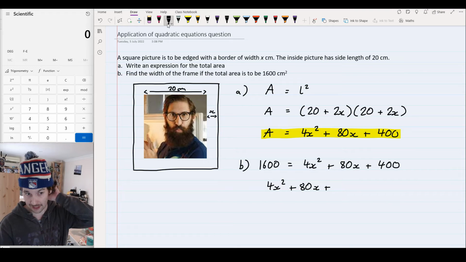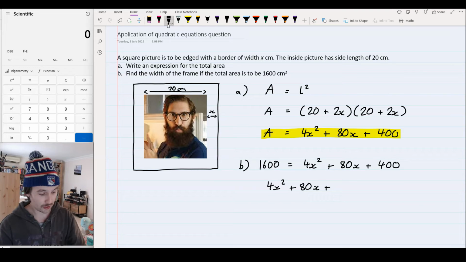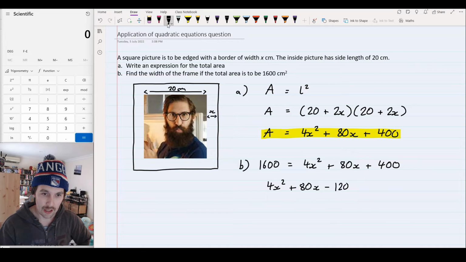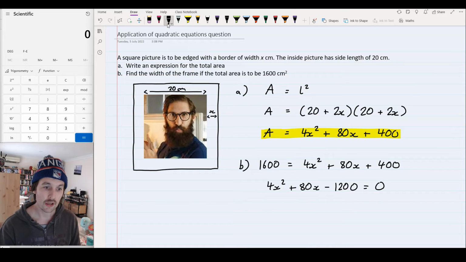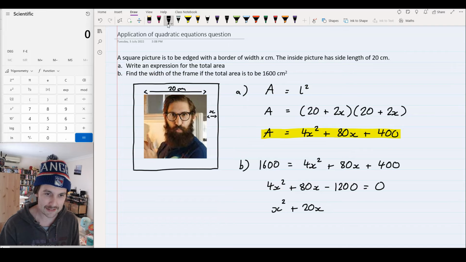It's plus 400, but I need to take 1600 away. So that will be subtract 1200, and all of that is equal to 0. Really what I've done there, I've just taken 1600 from both sides and swapped them around a little bit. Next up, I'm going to divide everything by 4 because everything there is divisible by 4. That'll leave me with x squared plus 20x, take away 300, and that is still equal to 0. 0 divided by 4 is still 0.